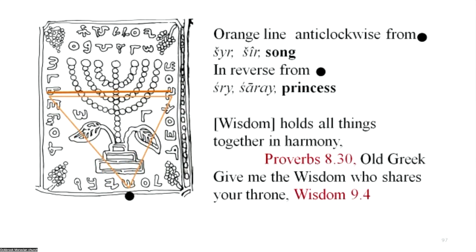Here you have, she's either the song or, reading round the other way, she is the princess. And for the first one, the old Greek of Proverbs 8: wisdom holds all things in harmony. She's the music. Or she's the princess, Wisdom of Solomon: give me the wisdom who shares your throne. There she is.